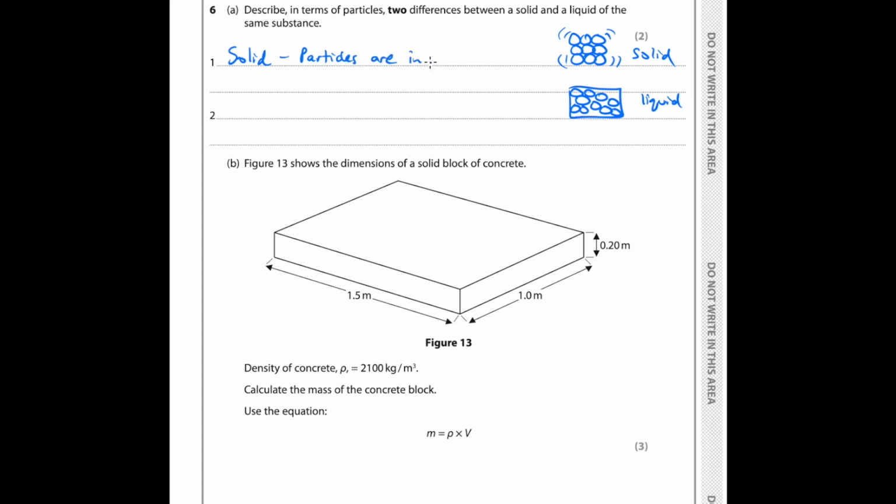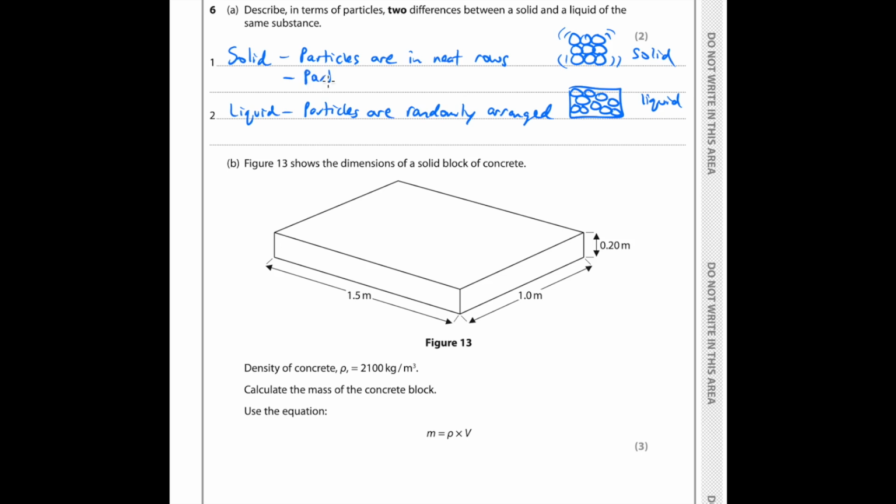Solid, particles are in neat rows. Liquid, the particles are randomly arranged. Now sometimes they only give you 1 mark for saying either that or that. So let's put some more.